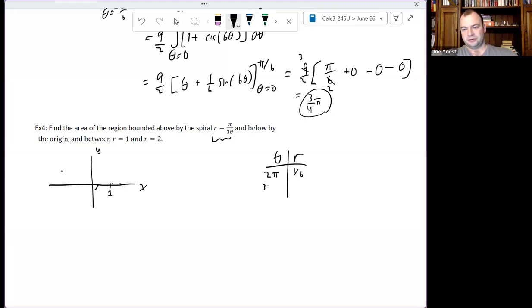What about when we have 3 pi over 2, the negative y-axis? Well, 3 theta is going to be 9 pi over 2. 1 over 3 theta is going to be 2 over 9 pi, multiplied by pi is 2/9. 1/6 is about 0.17 or so. 2/9 is about 0.22. So we're getting a little farther away from the origin here.